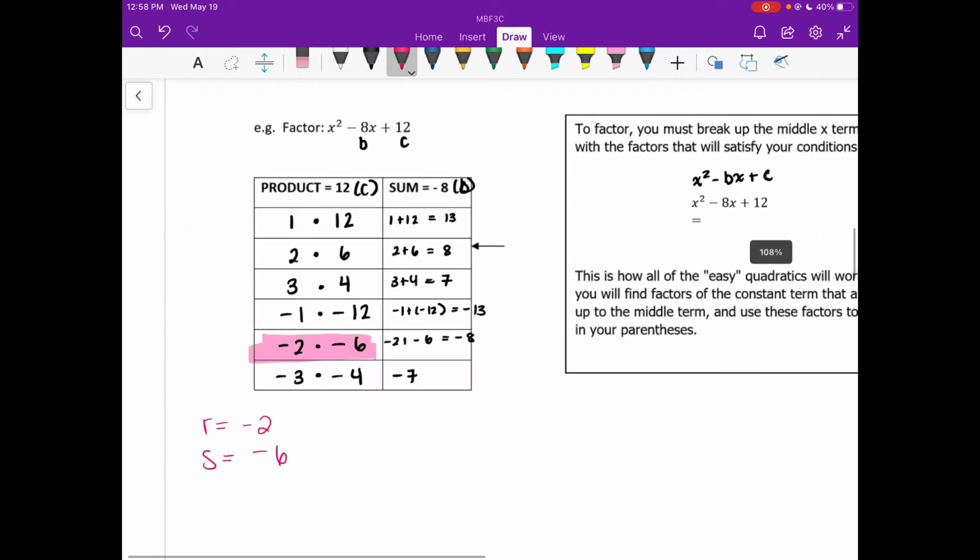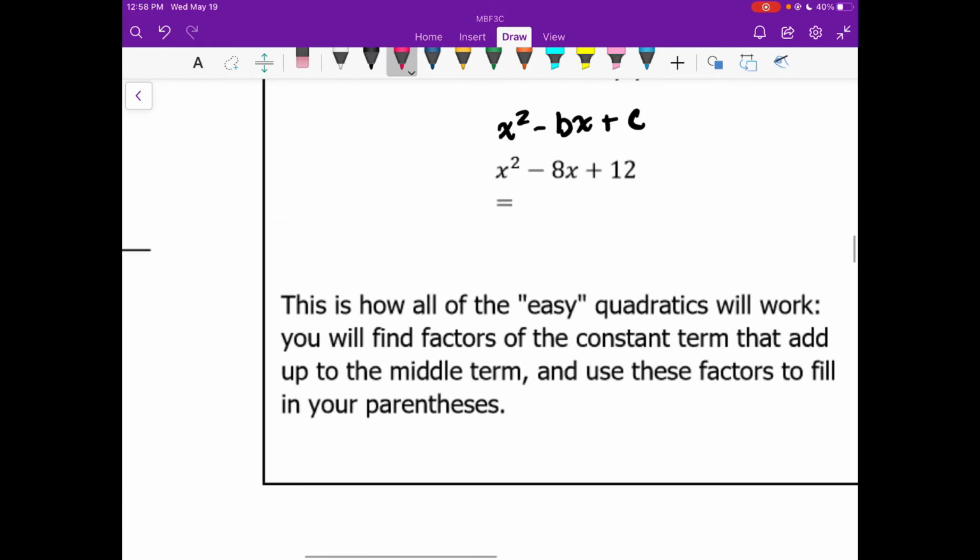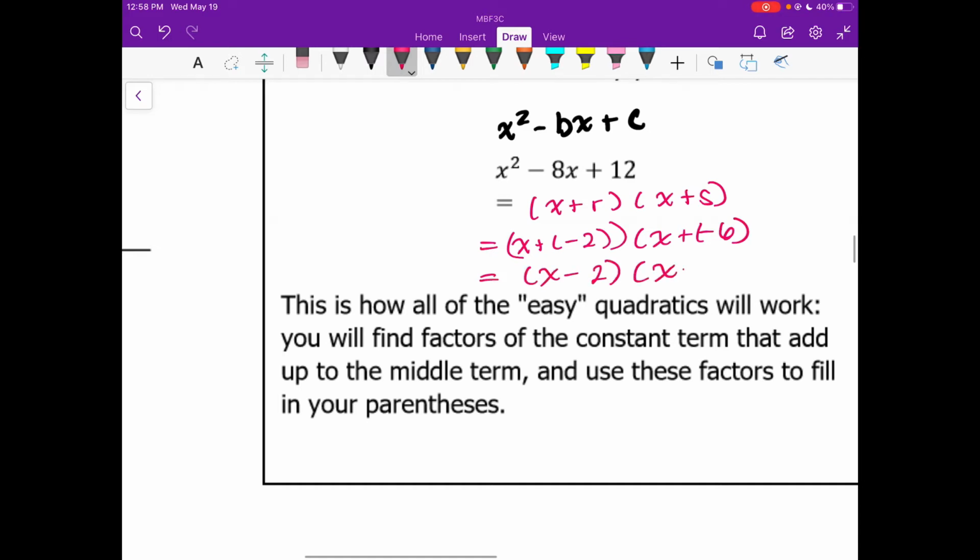Now I can go back and put that in. I'm going to say x plus r, x plus s. So x plus negative 2, x plus negative 6, and then I can simplify this to x minus 2, x minus 6. And that's my answer. That's the factored form of that equation.